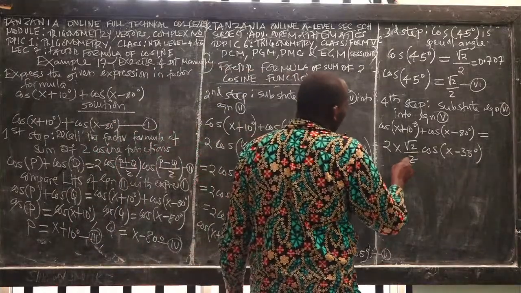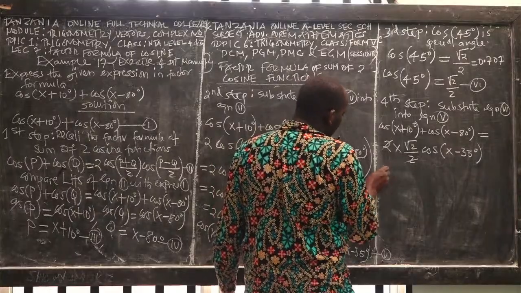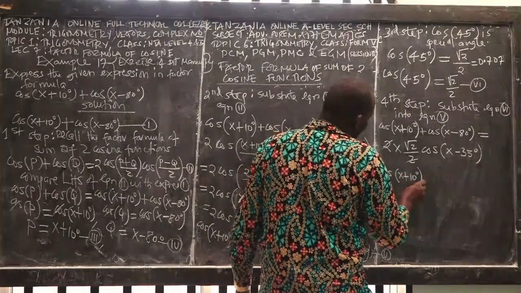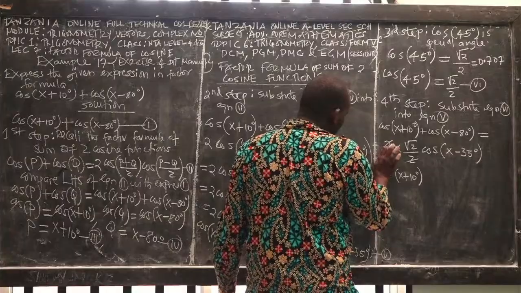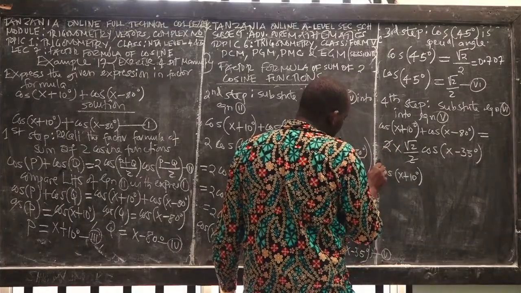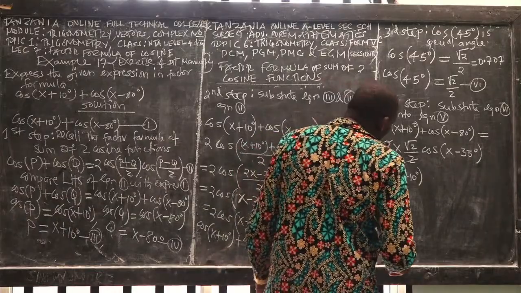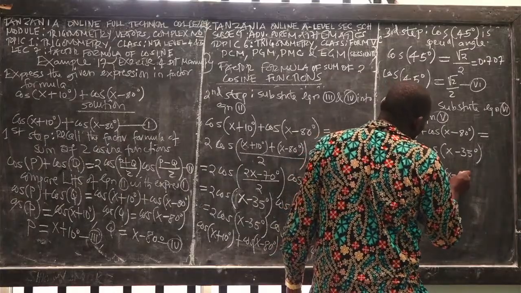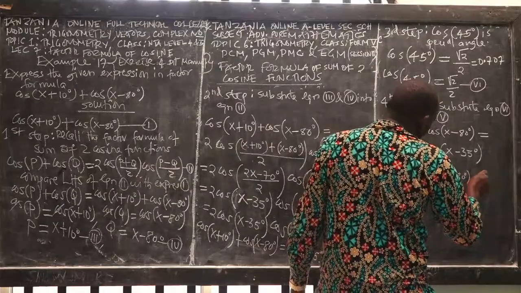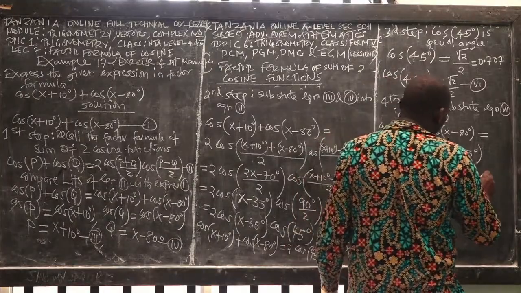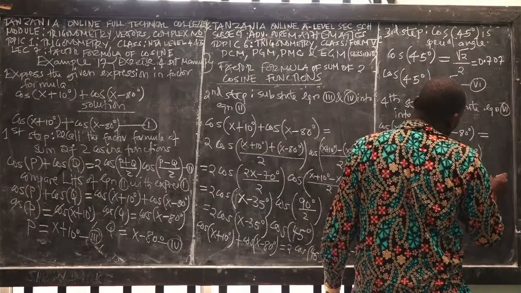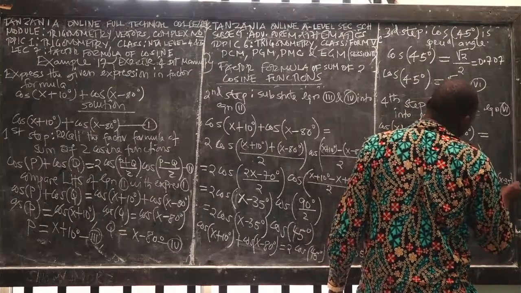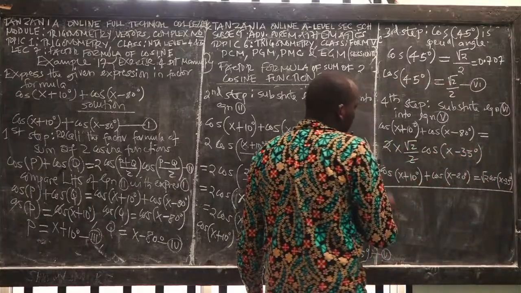So 2 and 2 will cancel. Therefore, cosine of x plus 10 plus cosine of x minus 80 degrees is equal to under root 2 cosine of x minus 35 degrees. That's the final response.